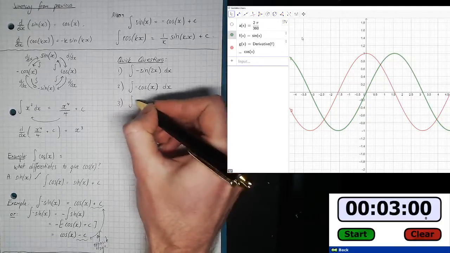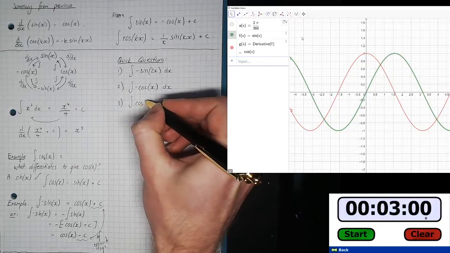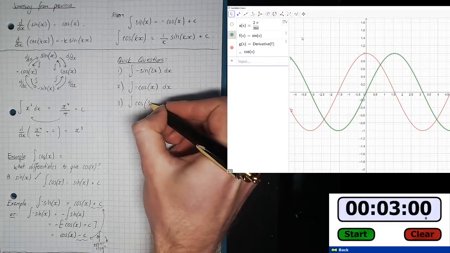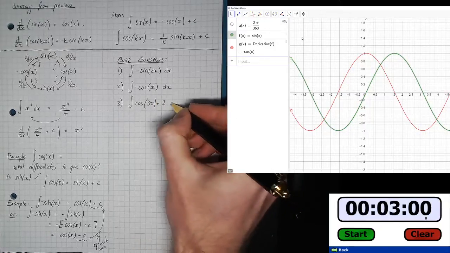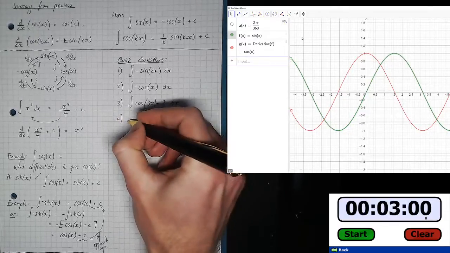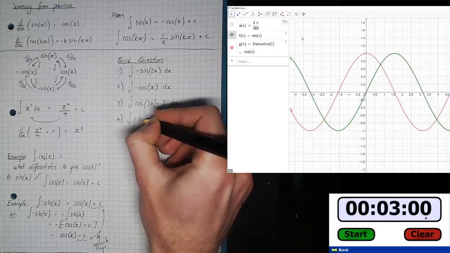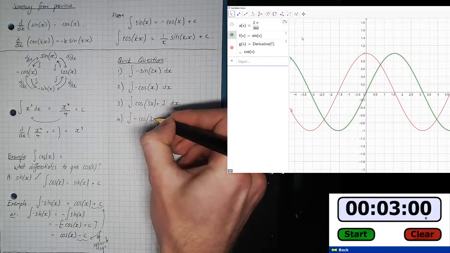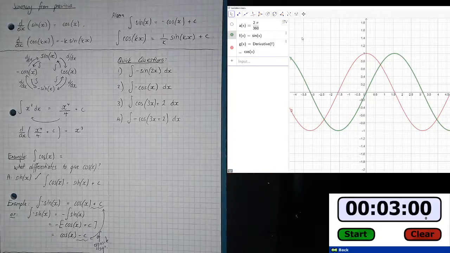Let's do the integral of cos 3x plus 2 dx. And let's have a go at the integral of negative cos 3x plus 2 dx. Okay.